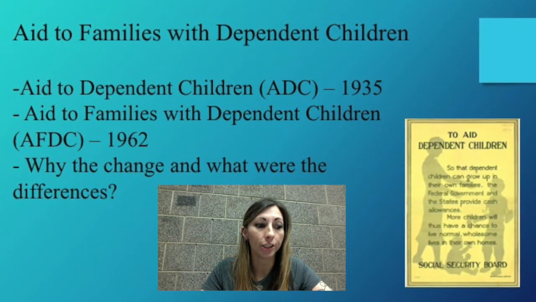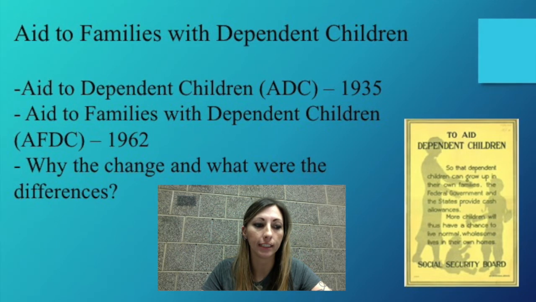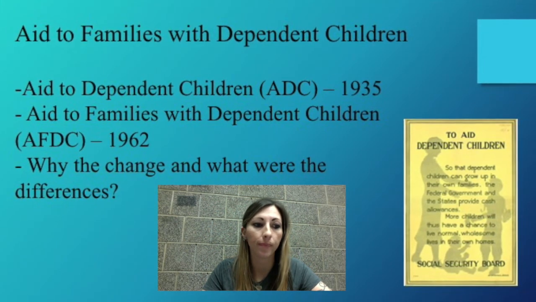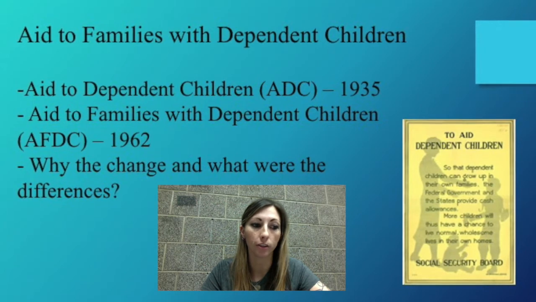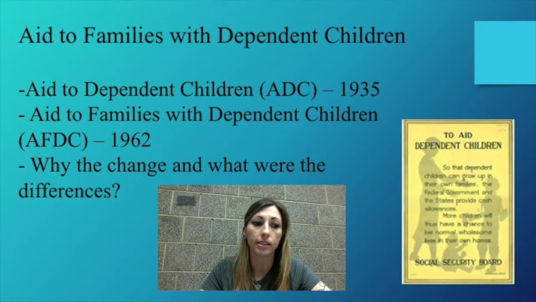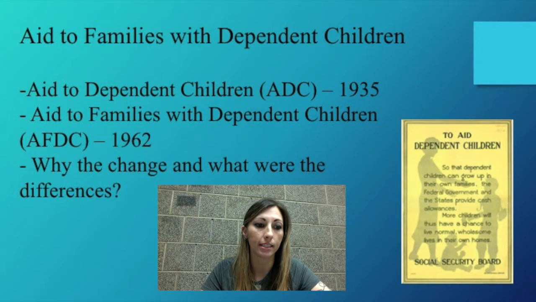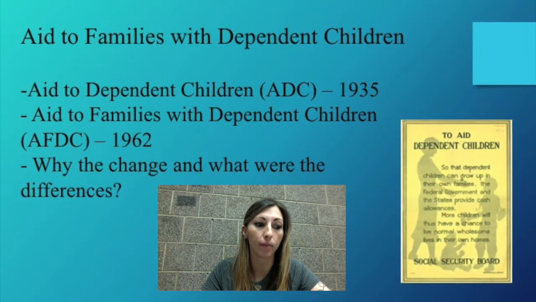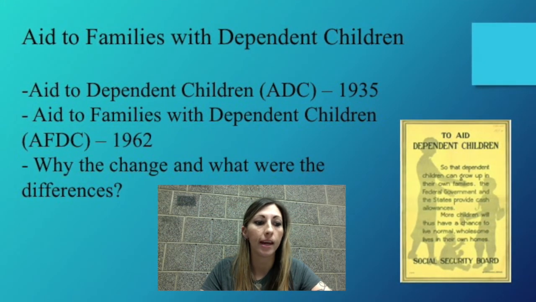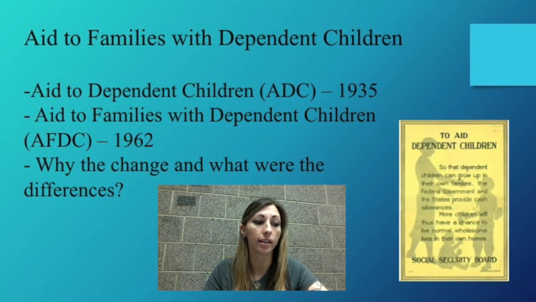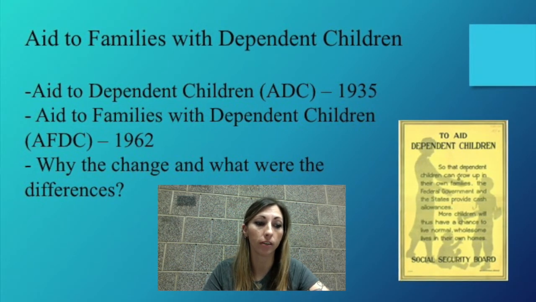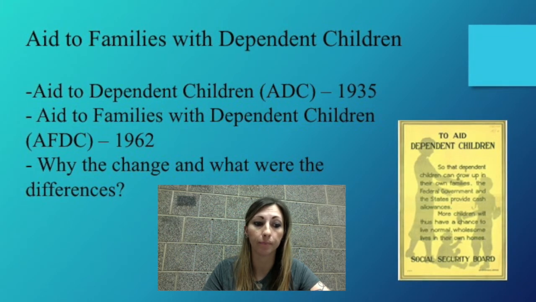Eligibility for ADC changed, resulting in AFDC in 1962. ADC required needy children to be in the care of a parent or other close relative, however, did not specify assistance to any other family member aside from eligible dependent children. In 1950, the federal government began to take into consideration the cost of a caretaker relative, child, and an unemployed parent.